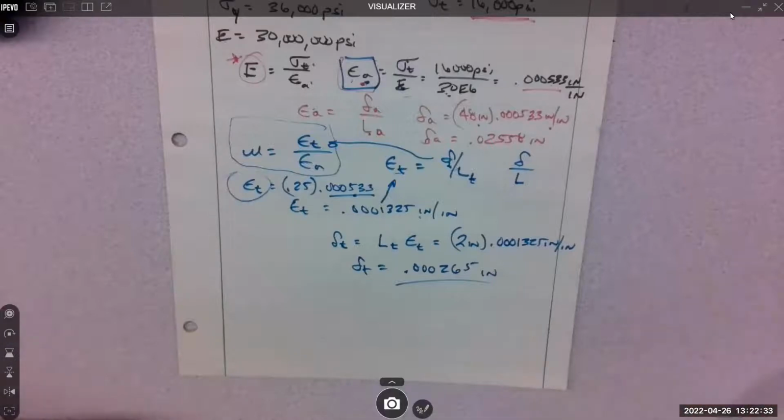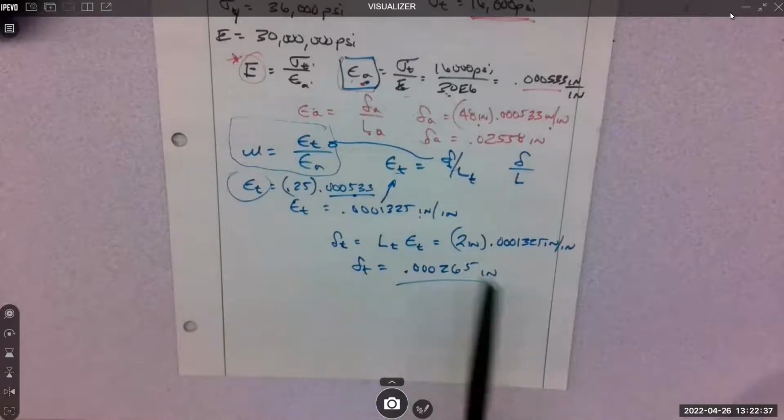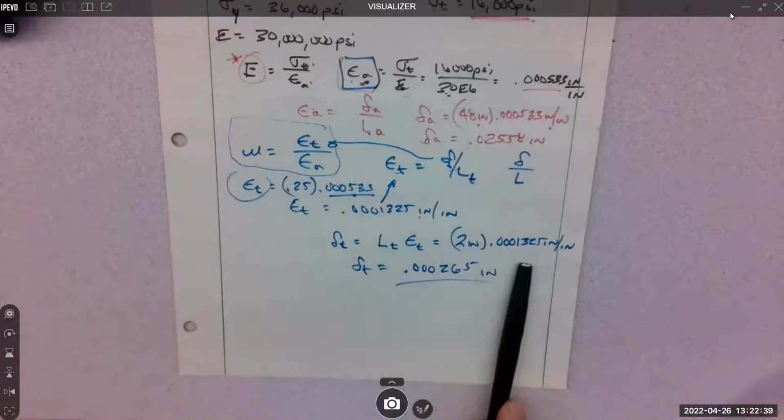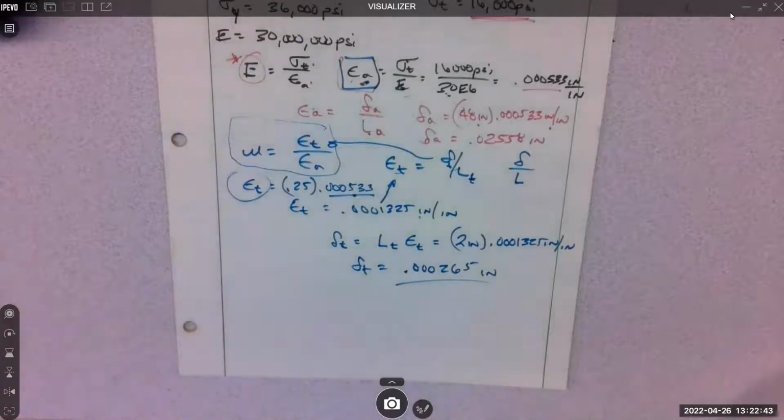Correct. That's correct. Ah, you did the area. That's all good. So this is all about Poisson's ratio right here.